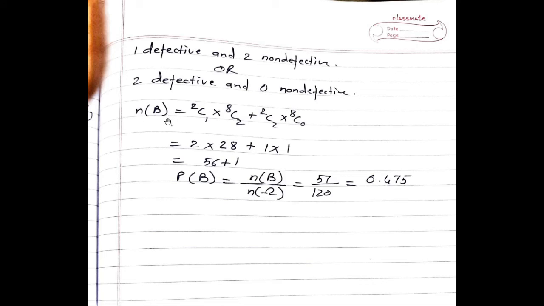So n of B is equal to 2C1 into 8C2 plus 2C2 into 8C0, which can be given as 2 into 28 plus 1 into 1. So the final answer is 57. So probability of B is nothing but n of B upon n of omega, which is equal to 57 upon 120, which is equal to 0.475.